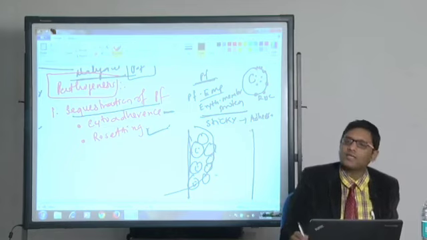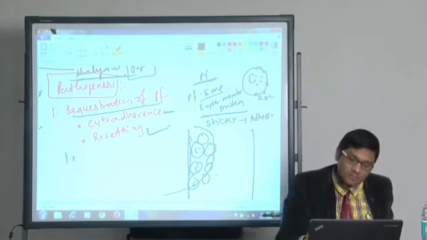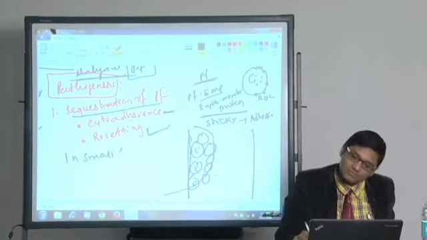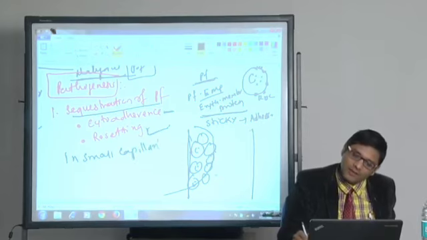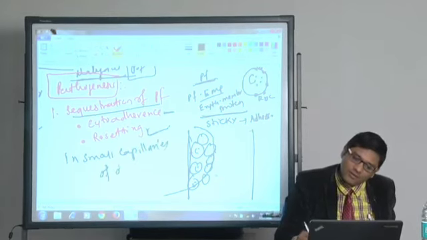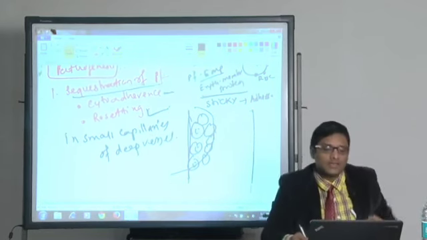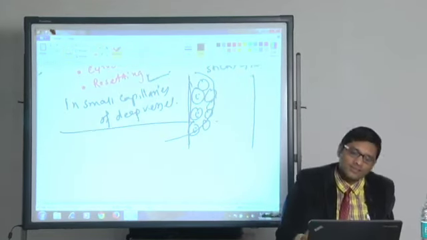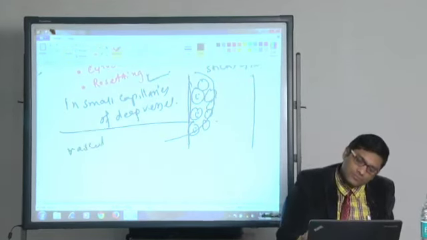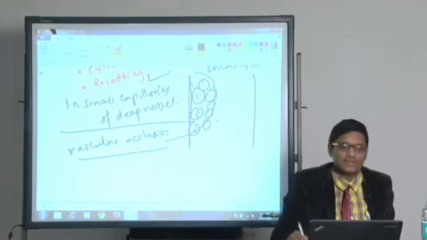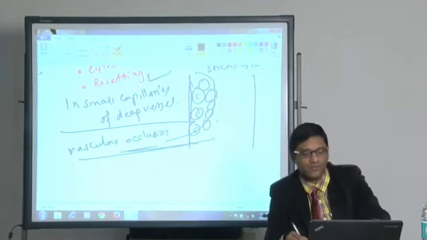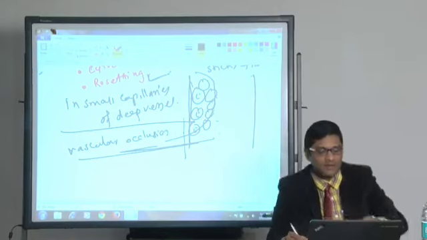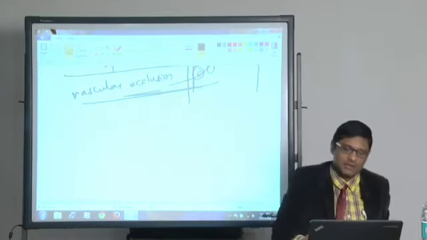Sequestration of Plasmodium falciparum, especially in small capillaries of deep vessels, leads to vascular occlusion, and this is the main mechanism why all these malignant manifestations take place.